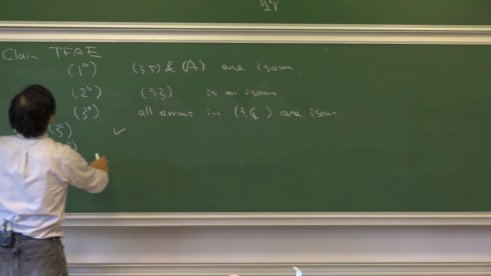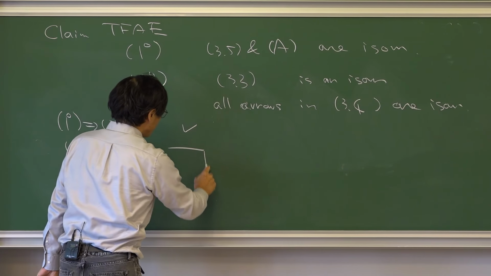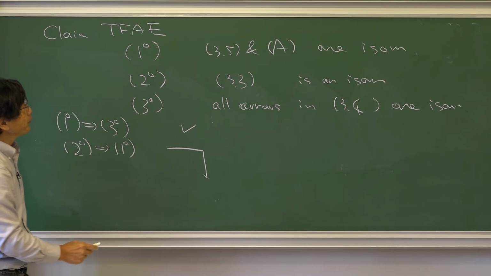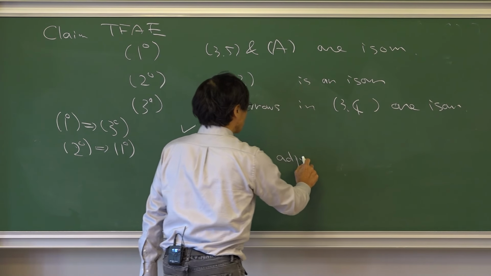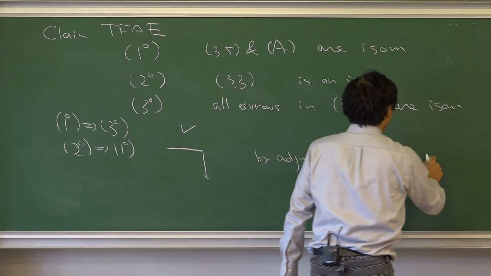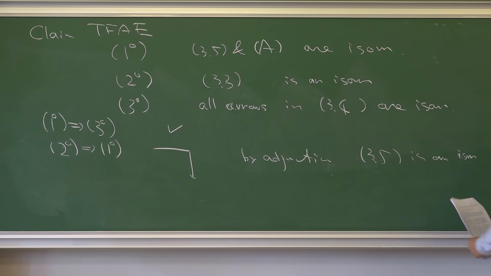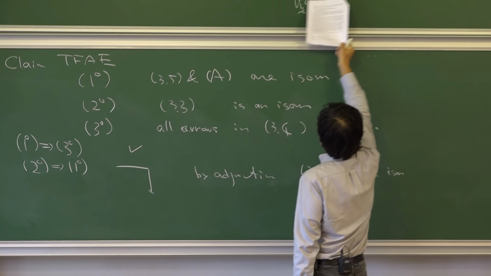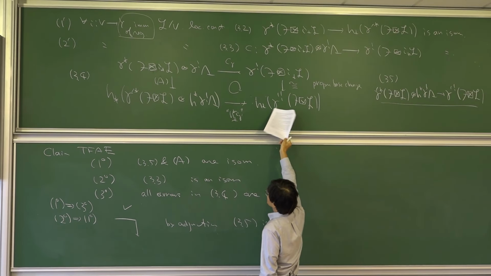So let me write. Second, by assumption, this composition is an isomorphism. And by adjunction, 3.5 is an isomorphism. So 3.5 is an isomorphism, then this is an isomorphism. And by our assumption, that and that are isomorphisms.